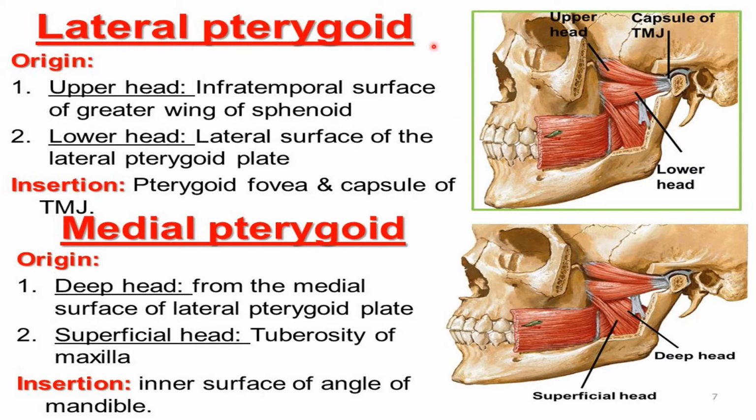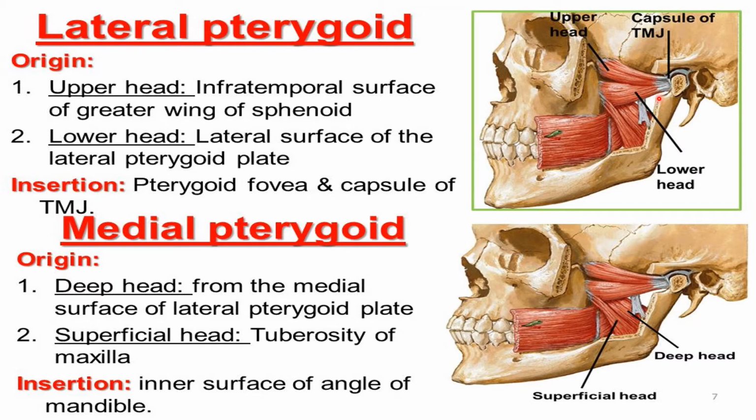If we discuss first the lateral pterygoid muscle, it has two heads. One is the upper head. The upper head is coming from the infratemporal surface of the greater wing of the sphenoid. You know that here is the sphenoid, so this is the infratemporal surface of the greater wing of the sphenoid.